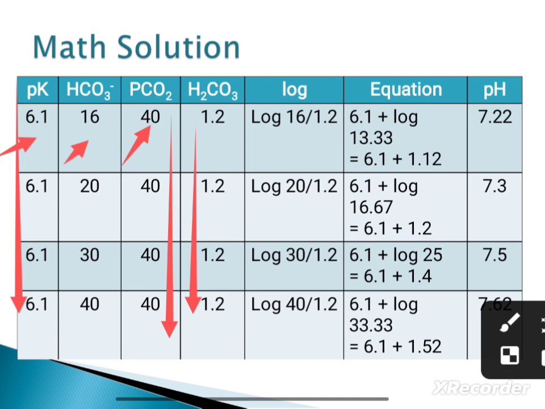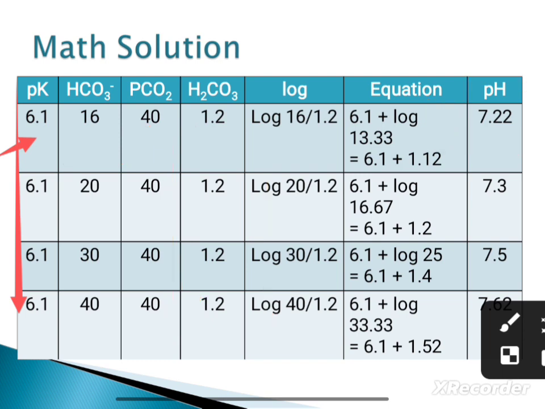The log of bicarbonate by carbonic acid gives the log of 13.33. We know the log value of 13.33 is 1.12. By addition of pK with this we get the pH. This means if the serum bicarbonate level is 16 and partial pressure of carbon dioxide is 40, then an acidic condition will persist in the blood and the pH will be 7.22.